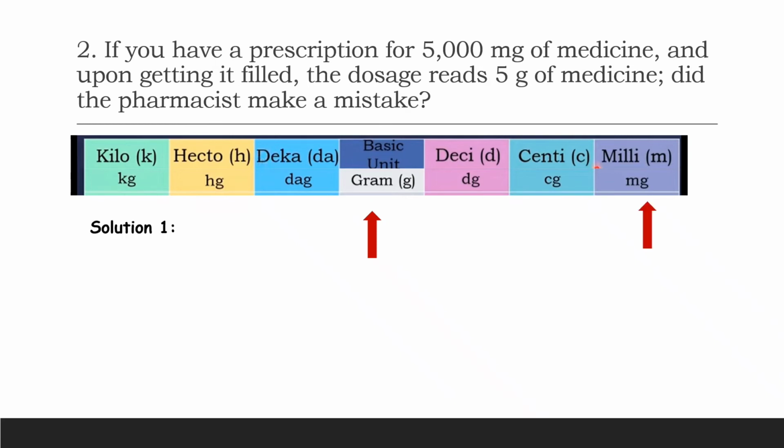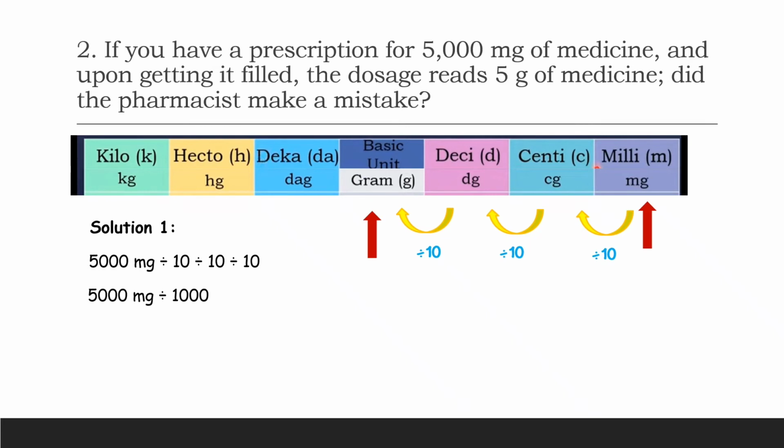Then proceed to solution 1. So since it's from smaller unit going to the larger unit, we're going to divide it by the power of 10. Okay? So 5,000 milligrams divided by 10, divided by 10, divided by 10, or 5,000 milligrams divided by 1,000, then we get 5,000 milligrams is equal to 5 grams.